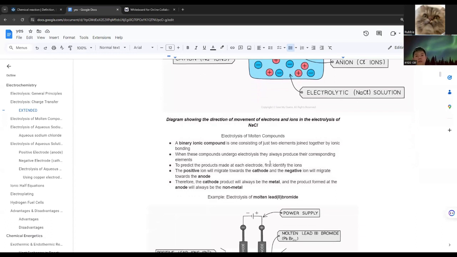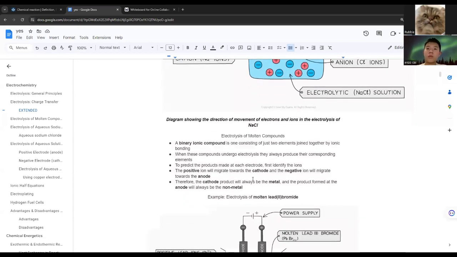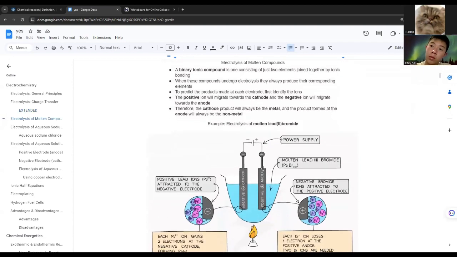To predict the products made at the electrode, first identify the ions. The positive ion will migrate to the cathode, and the negative ion will migrate to the anode. C and C, cation cathode, anode anion. Therefore, the cathode product will always be the metal or hydrogen, and the product formed at the anode will always be a non-metal.